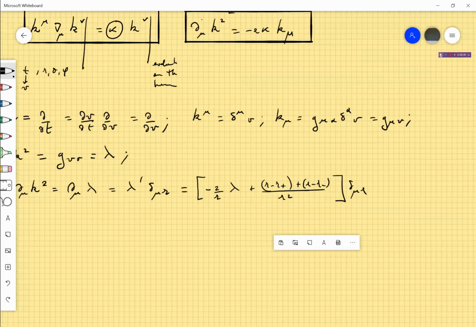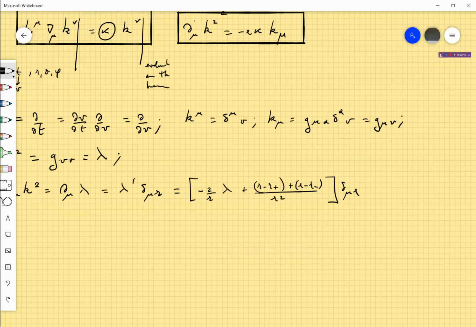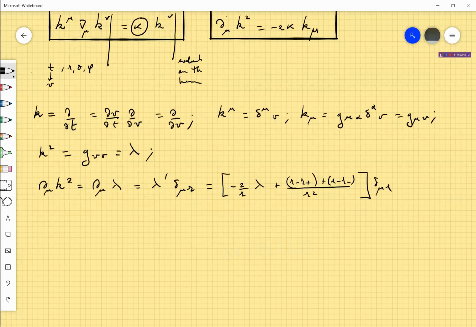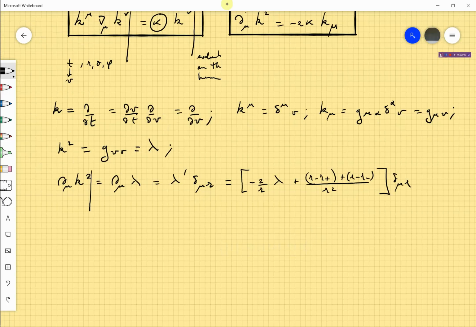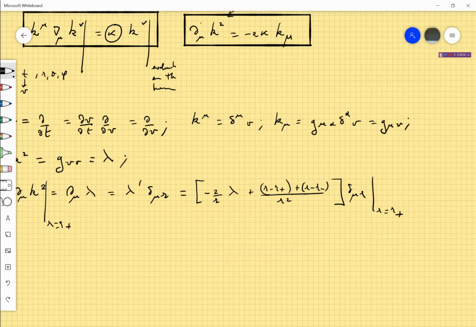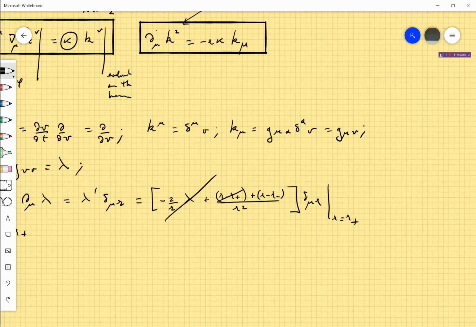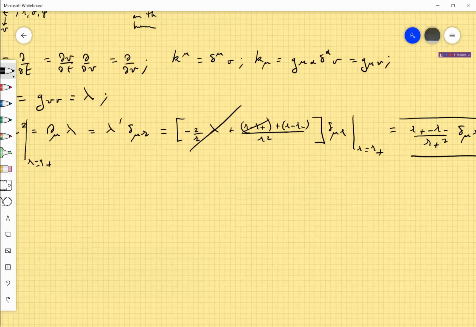I do this because then I get it in a nice way, because now the idea is to evaluate this at r equal r plus, which is the event horizon. And at r equal r plus, by definition, this vanishes. Okay, this also vanishes. So it is as simple as this. This is r plus minus r minus divided by r plus squared delta mu r.